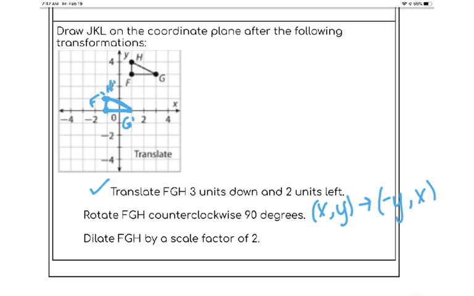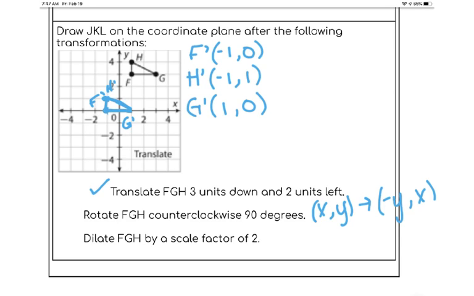So for this, I'm actually going to select the points that I have. So for F prime, my point is at -1, 0. For H prime, it is at -1, 1. And for G prime, my point is at 1, 0.